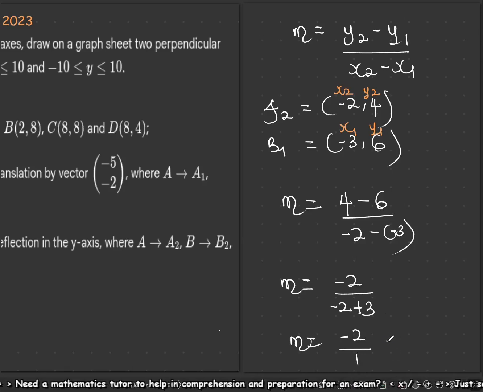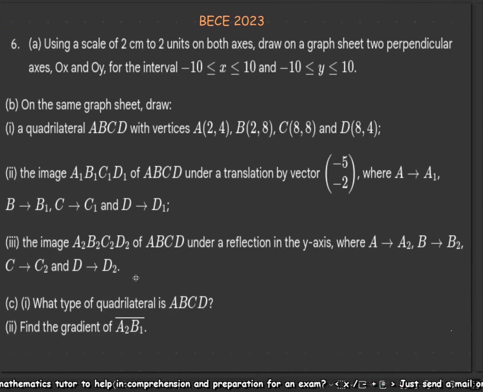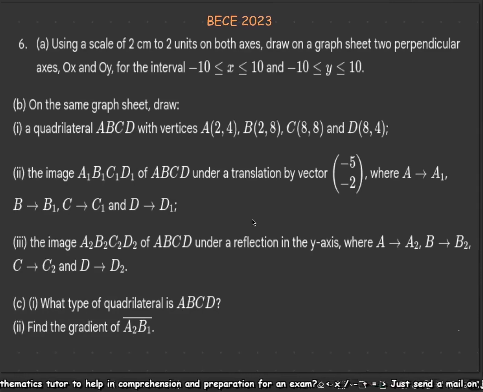So negative 2 over 1 gives us negative 2, and that becomes the gradient of line A2B1. So this is the solution for BECE 2023 question 6A, and that is actually the very last question of this set.